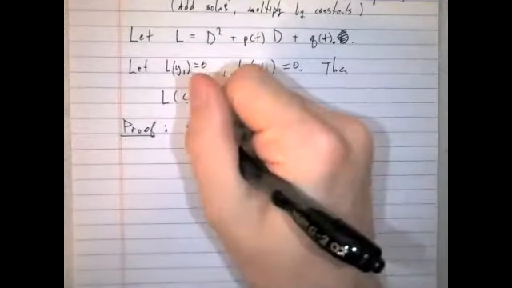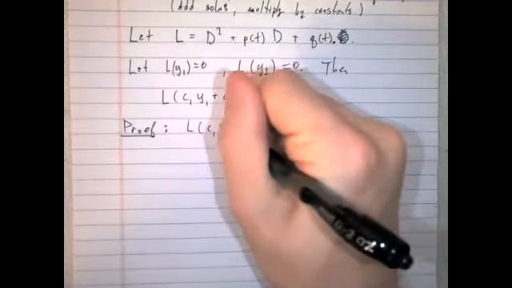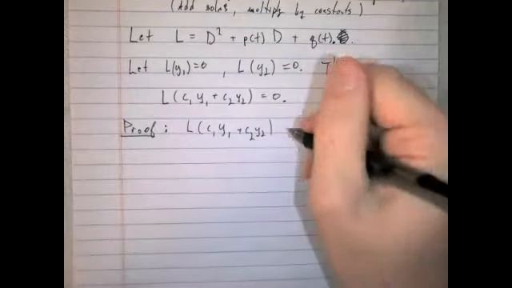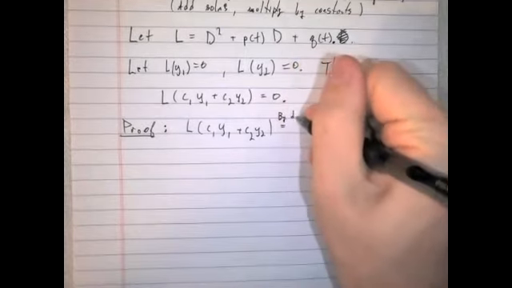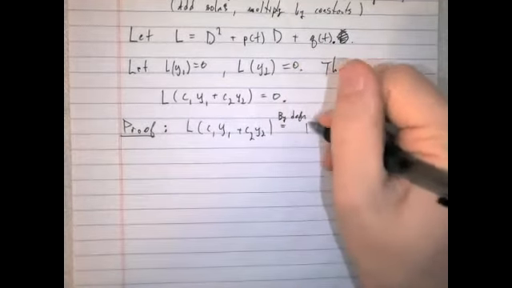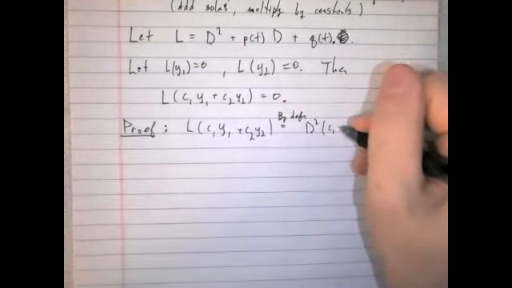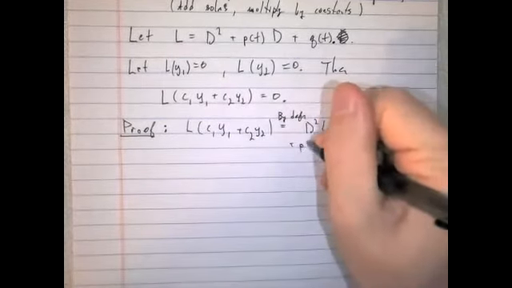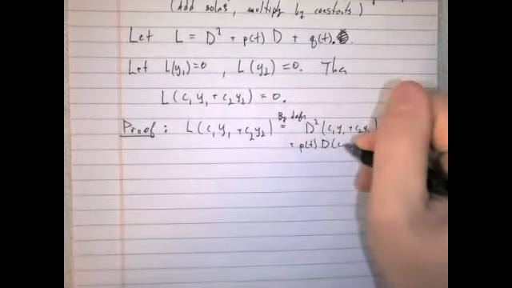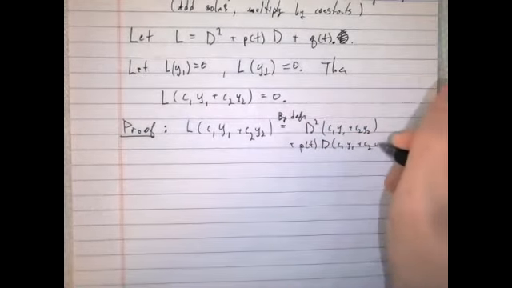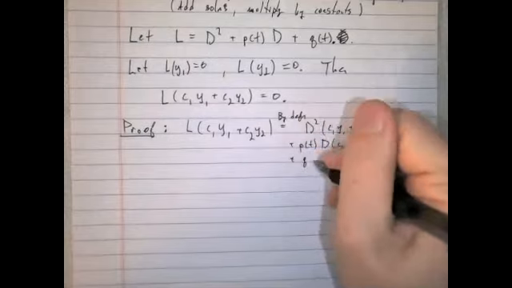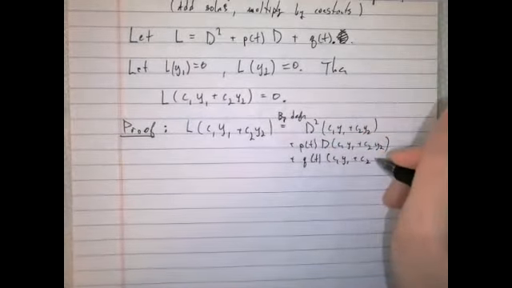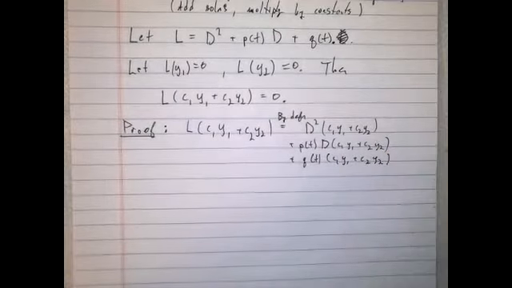So the proof is that L of C1y1 plus C2y2, by definition, is equal to d squared of C1y1 plus C2y2 plus P of t d of C1y1 plus C2y2 plus Q of t times C1y1 plus C2y2, where d is the differential operator.